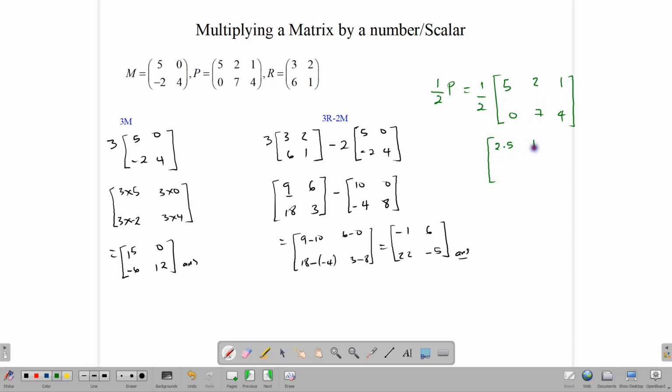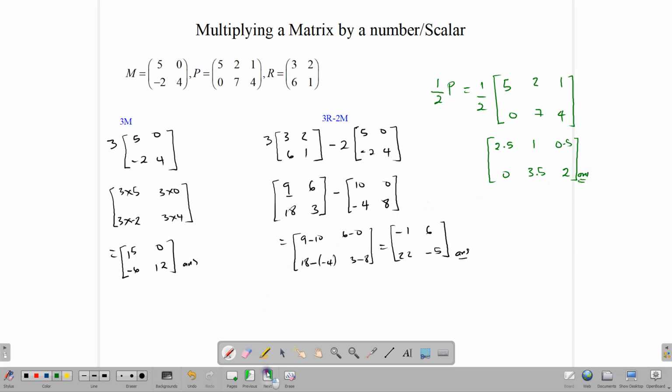Half of 2 is 1. Half of 1 is 0.5. Half of 0 is 0. Half of 7 is 3.5. You could also write these in common fractions. And half of 4 is 2. So you can multiply any matrix by any number, and simply by using that coefficient, that number, to multiply all the elements inside the matrix to get your result.